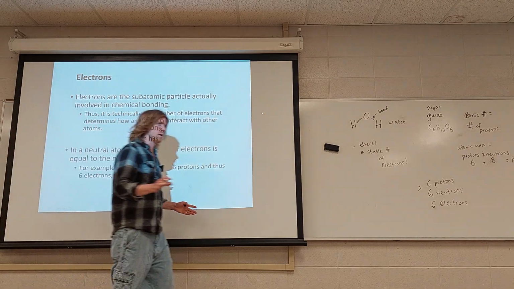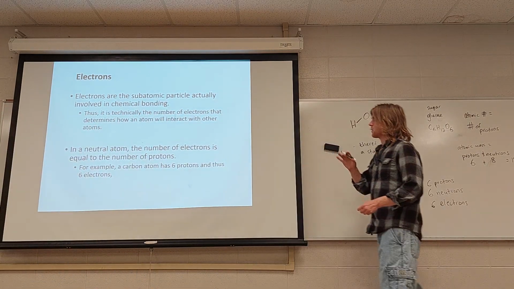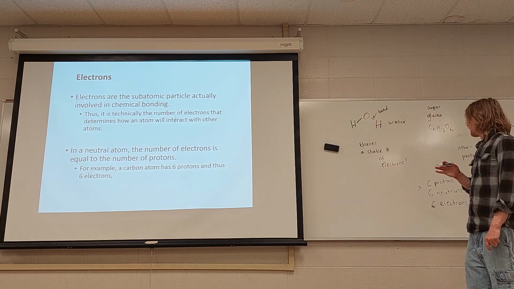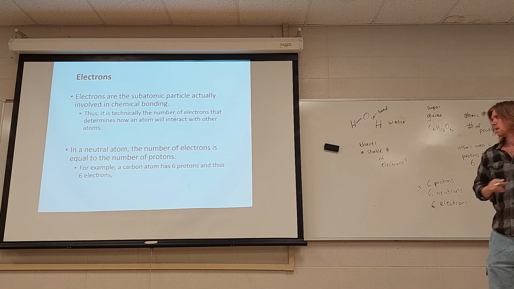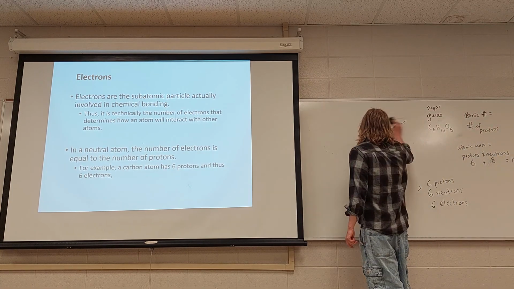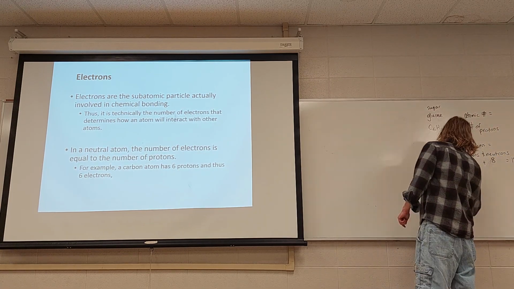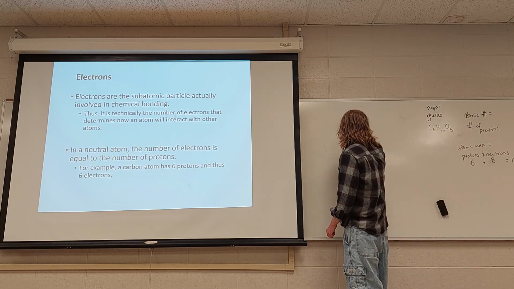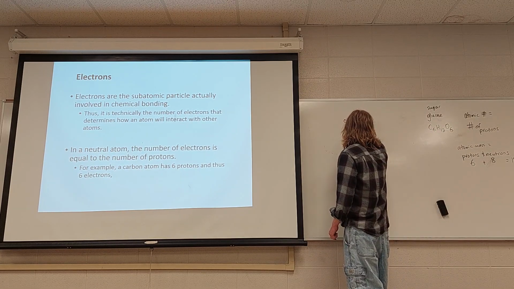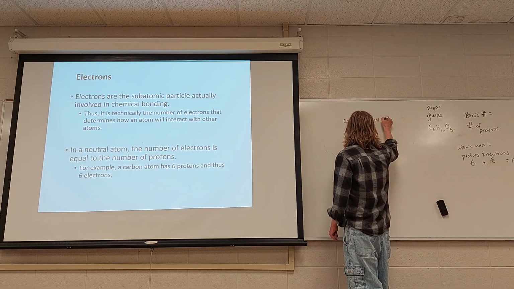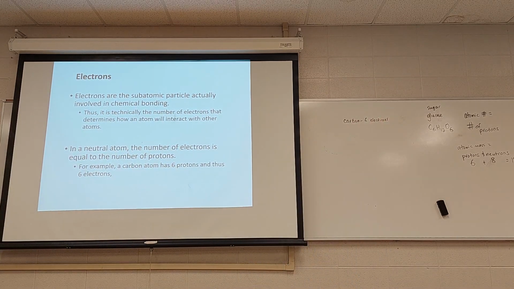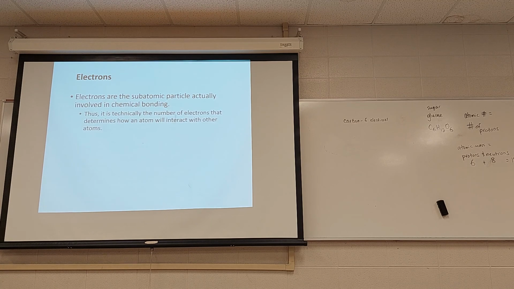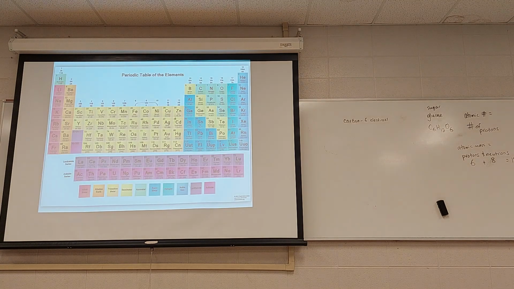So to start off with, an atom is going to have the same number of electrons as it does protons. So for carbon, which we've talked about a lot, carbon has 6 electrons because its atomic number was 6. I'm going to go sneak on back to the periodic table.